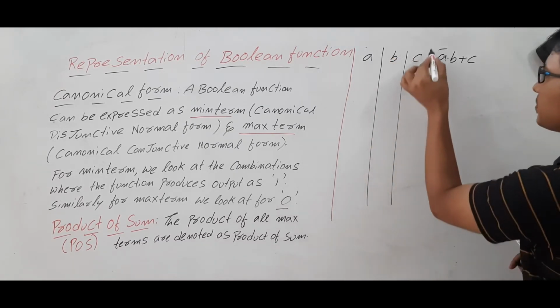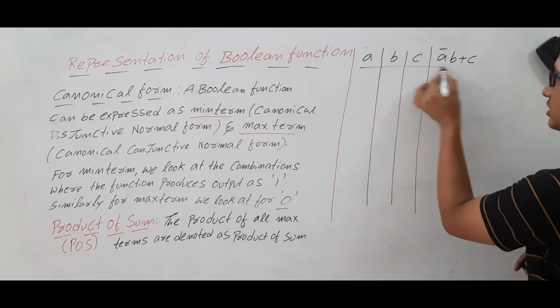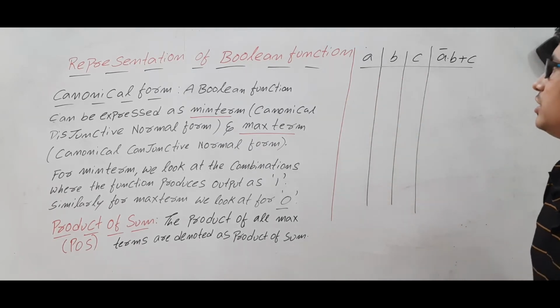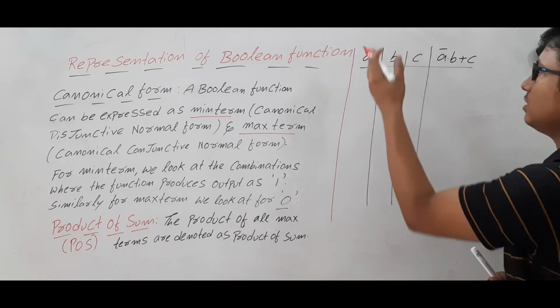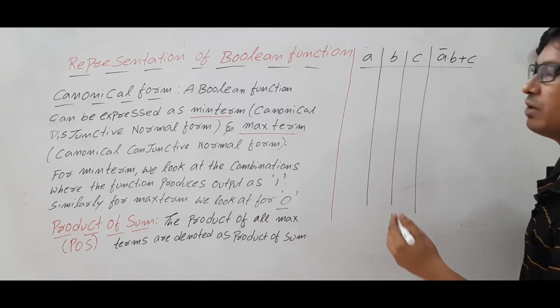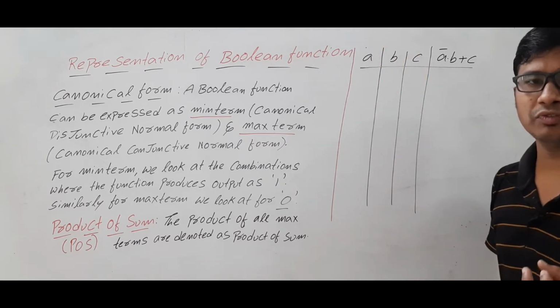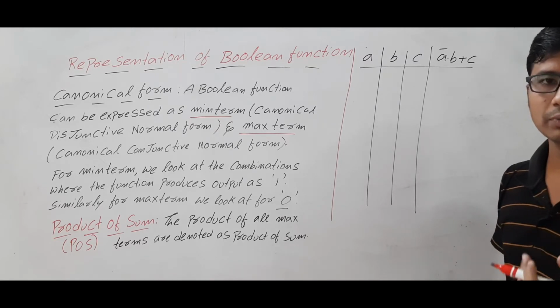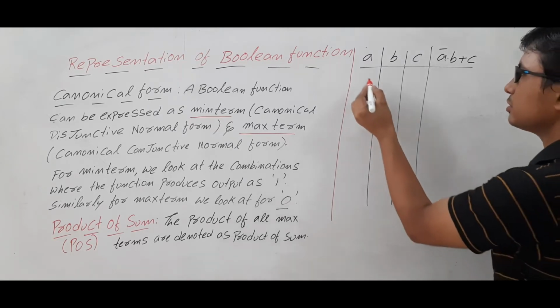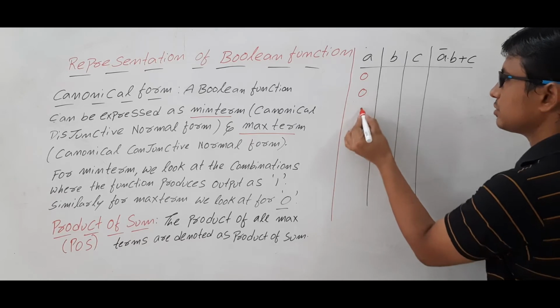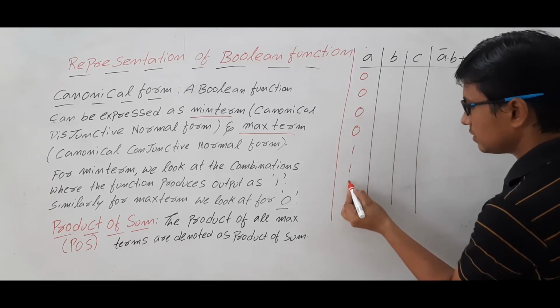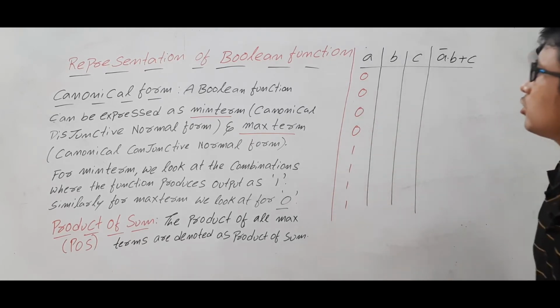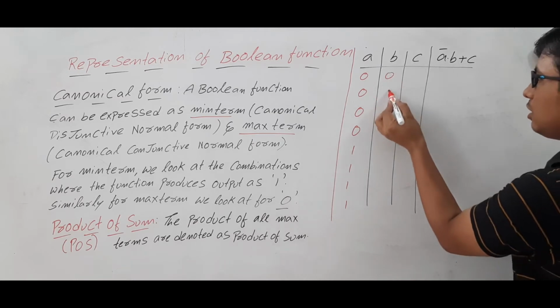Now let me represent the function first. How to represent it? First I need to find the A value, B value and C value. What values are possible for A, B, C? 0 or 1, because these are binary variables. So if I give zeros and ones, I will get 8 combinations in total.